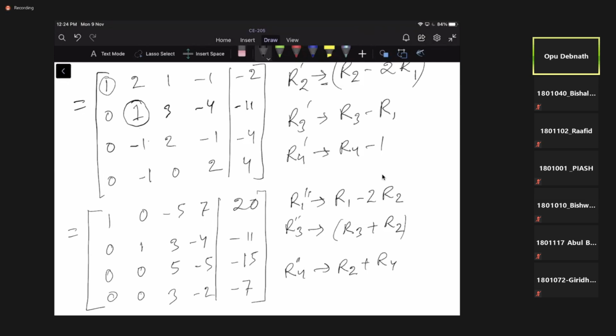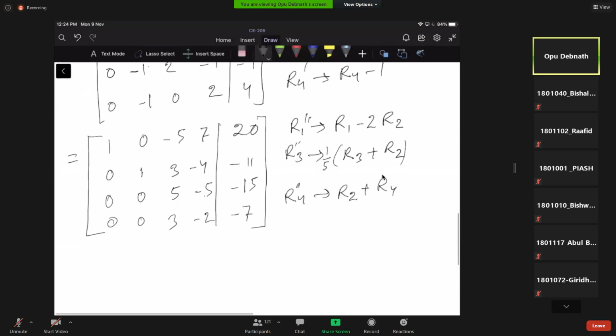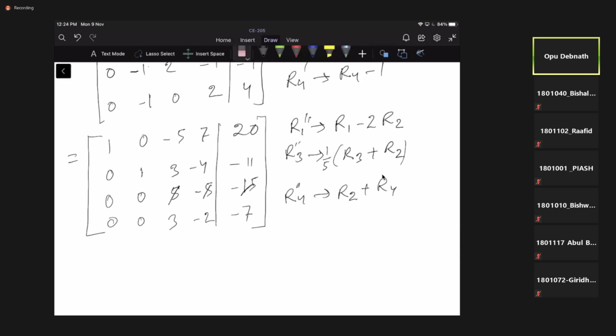Okay, here is another trick. Look at row 3: 5, minus 5, minus 15. If I divide this by 5, that means if I multiply one fifth of R3 plus R2, then what will happen? These elements will be divided by 5.